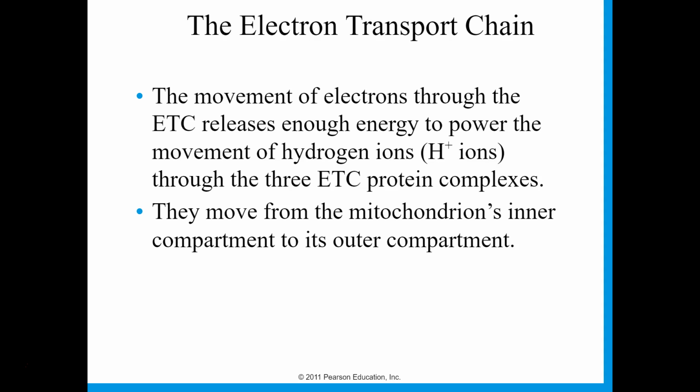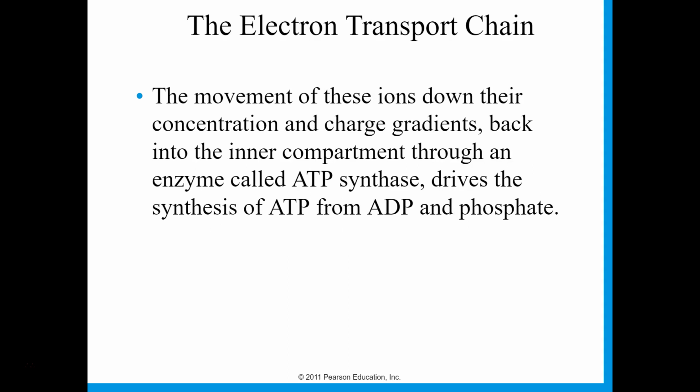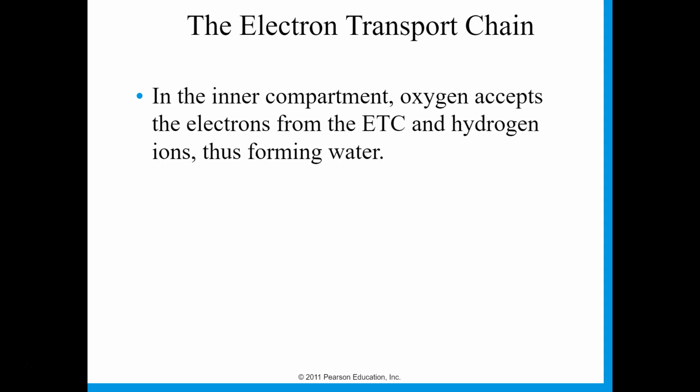You're building up a gradient, building up charge on the two different sides of the gradient. The movement of these ions down their concentration and charge gradients back into the inner compartment through an enzyme called ATP synthase drives the creation of ATP from ADP and phosphate. We'll talk about this in more detail in a second.